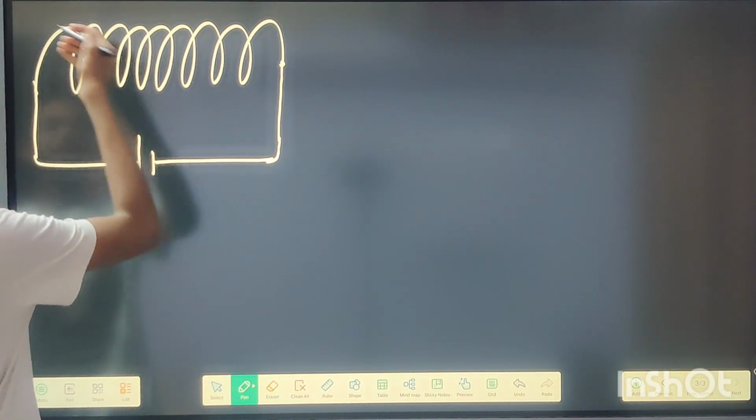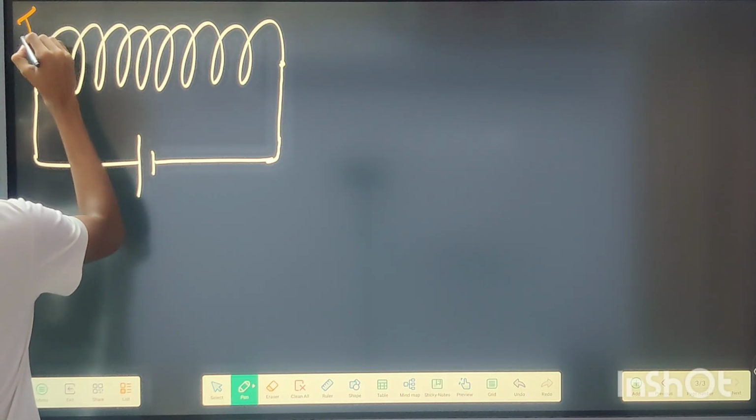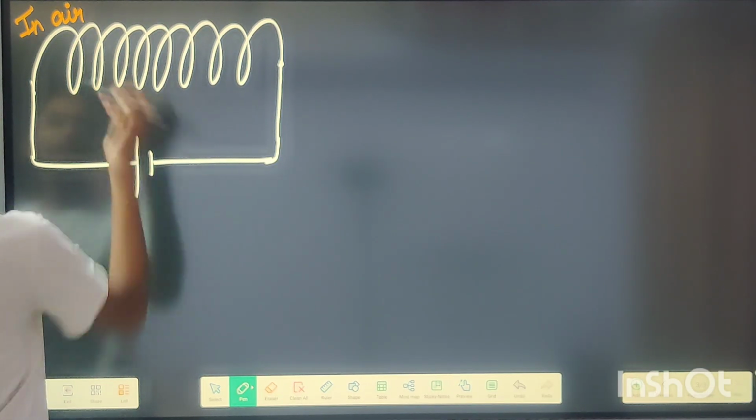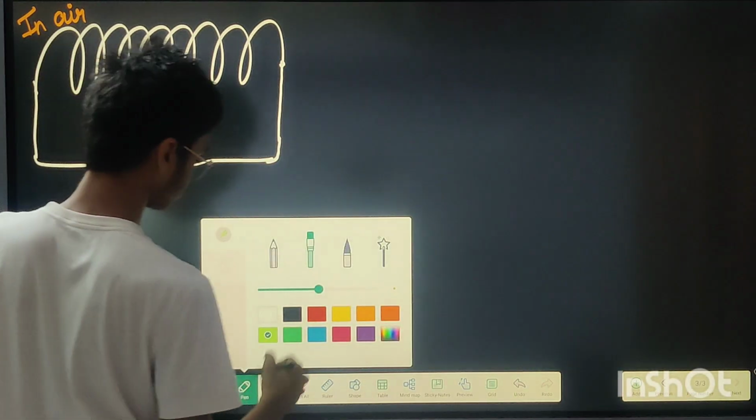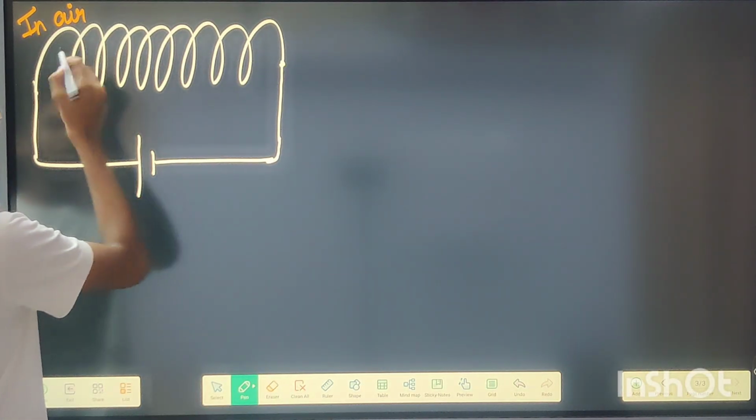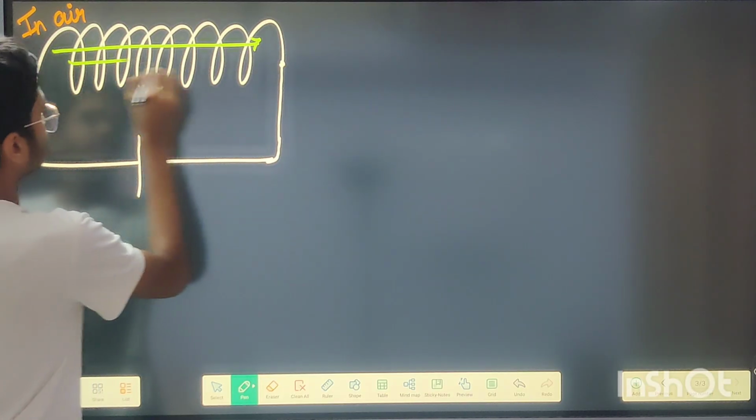There will be magnetic fields like this, right?